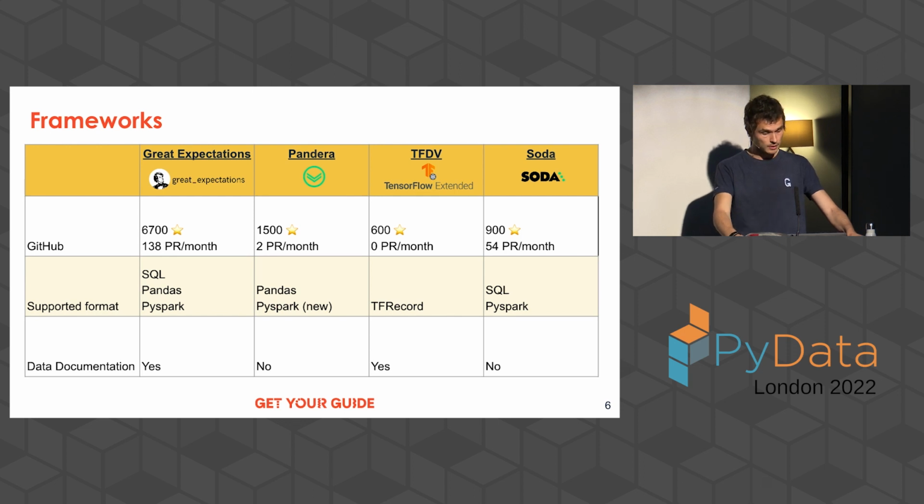Then I think the other one that is pretty interesting is Pandera. So it's quite active also. And it has no company behind it, not like Great Expectations. And still they manage to have quite some stars and still push new features. For example, they had Pandas as the core idea, but now they also plugged in PySpark.